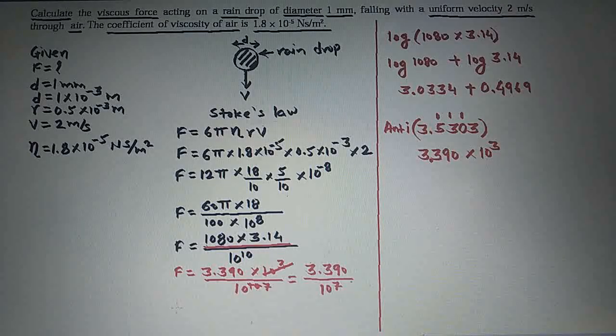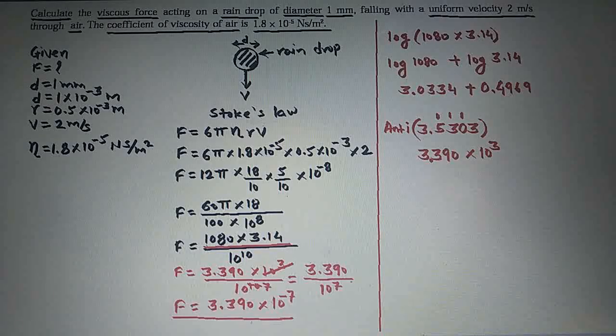Next we can write F is equal to 3.390 into this 10 raised to 7 in the denominator. If we move it to the numerator, then it will become 10 raised to minus 7 here. So this is the answer for the viscous force, that is 3.390 into 10 raised to minus 7.